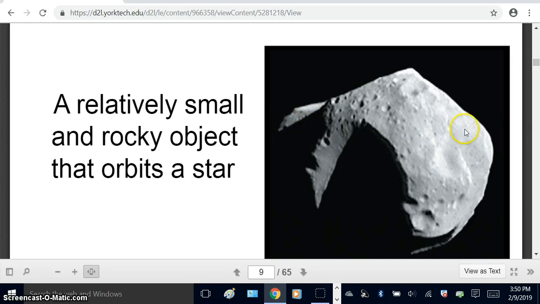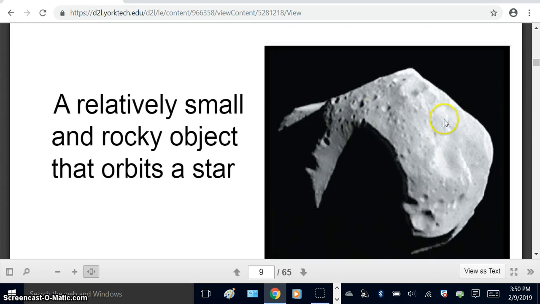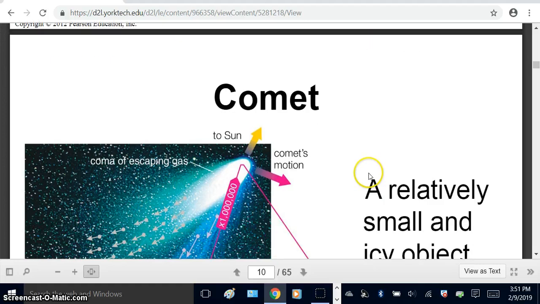But some are really tiny, maybe a couple of miles across, and a lot of them are very strangely shaped. They're not big enough to have formed spheres because they don't have enough mass to do that. The mass is really what makes planets spherical, but a lot of them are potato-shaped. They generally have lots of craters on them, so it shows that there were lots of collisions in the early solar system.